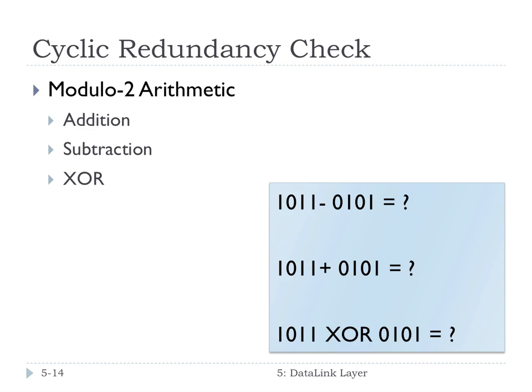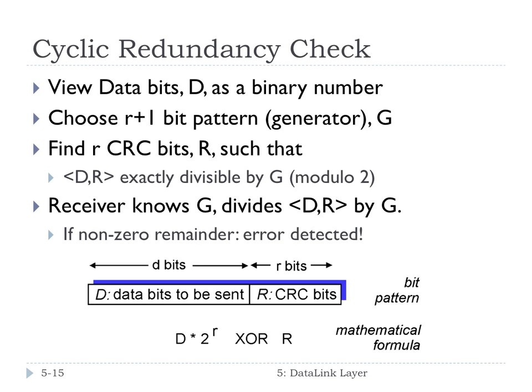What we're going to do is as follows. We're going to see the D data bits as a binary number. So down here we've got D bits to be sent. We're going to look at those as a binary number.